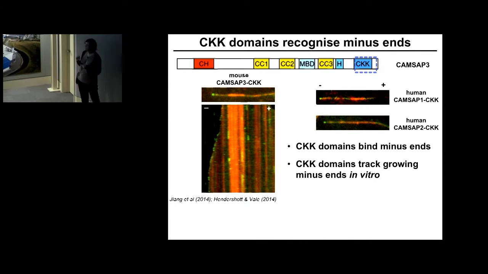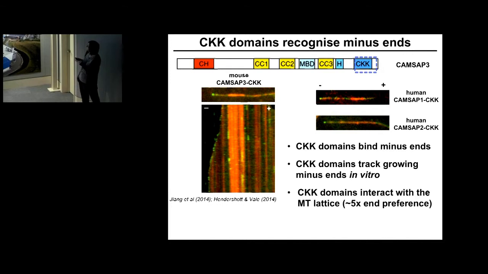So the CKK domains really did seem to be a good target for trying to dissect this property of the proteins. What you can also see, though, is that the CKK domains also bind to the microtubule lattice, and that gives us a route into understanding their structure in terms of more classical single particle studies of microtubules, and from that we hope to extrapolate how mechanistically the minus end might be recognized too.